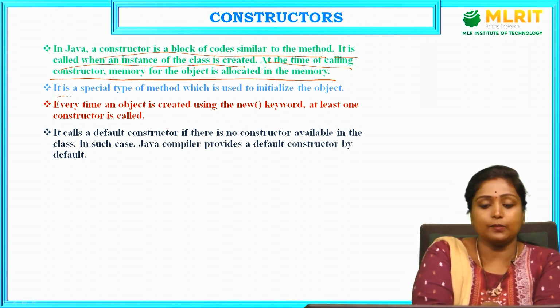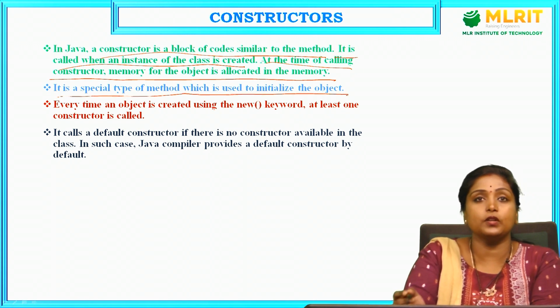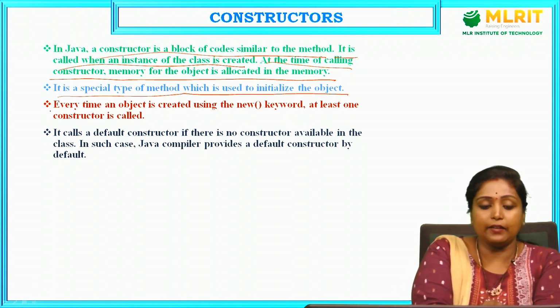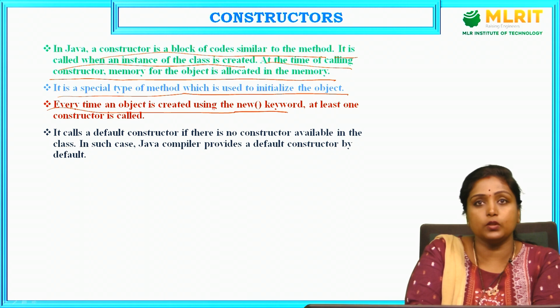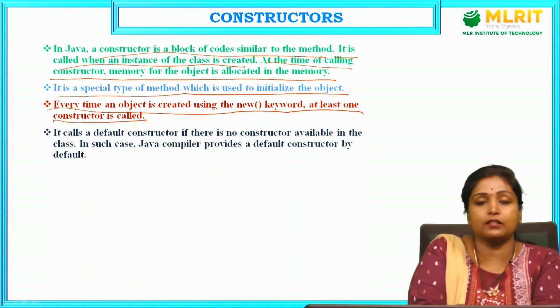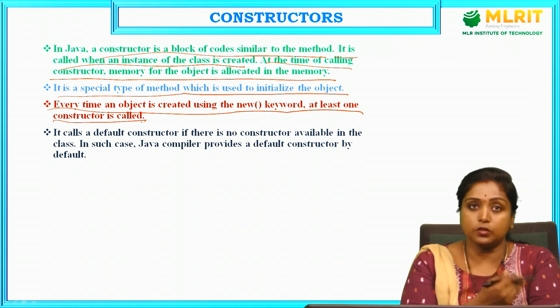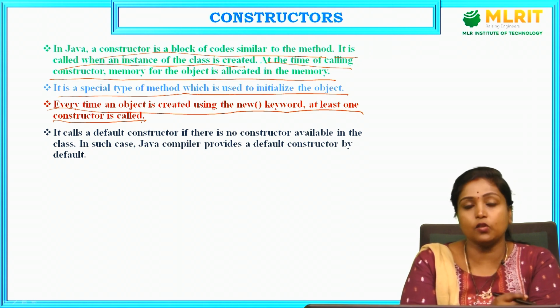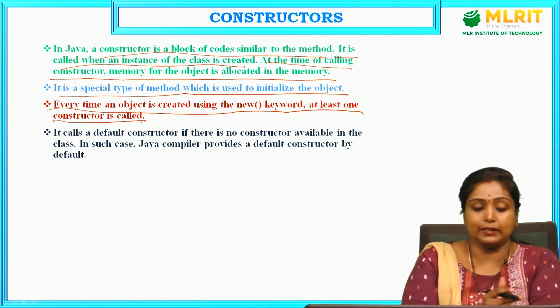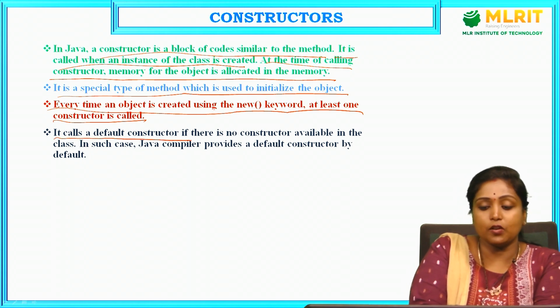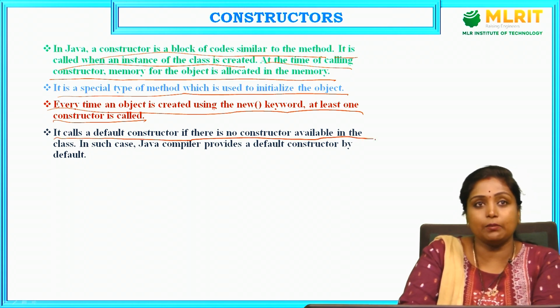It is a special type of method which is used to initialize the object. Every time an object is created with the new keyword, at least one constructor is called. Even if you did not define a constructor, it will be called automatically; it calls a default constructor if no constructor is available in the class.